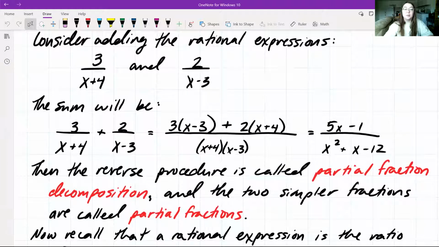So if we want to go in reverse, so if we want to start with 5x minus 1 divided by x squared plus x minus 12, we want to get back to 3 over x plus 4 and 2 over x minus 3, doing that procedure is going to be called the partial fraction decomposition. And the two simpler fractions are going to be called the partial fractions. So 3 over x plus 4 and 2 over x minus 3 would be your partial fractions.